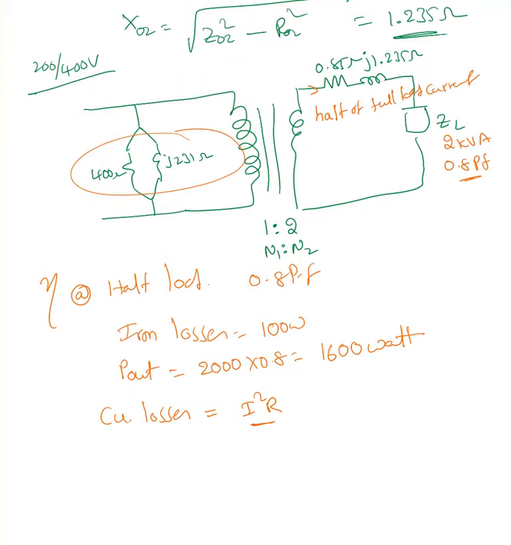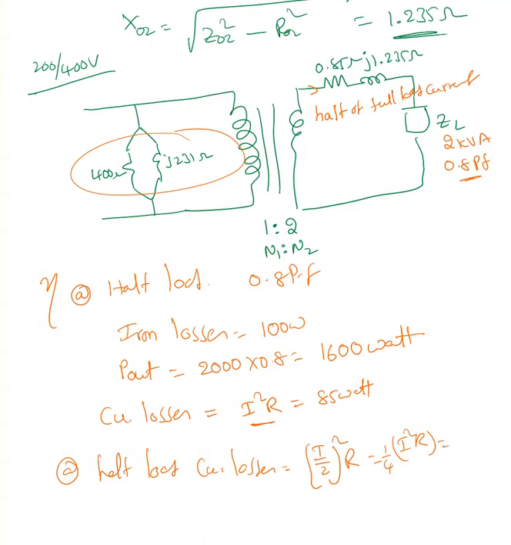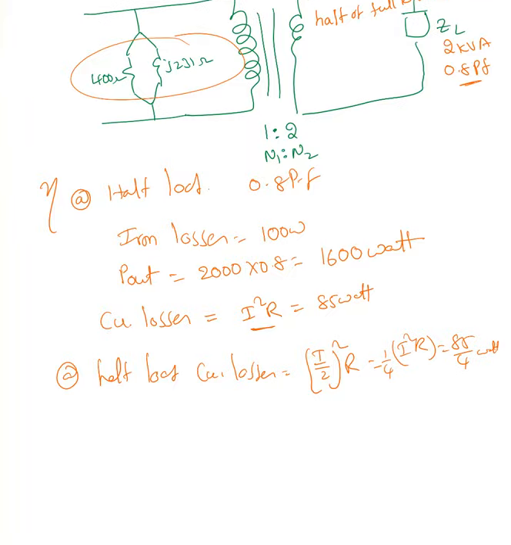So the full load I squared times R equals 85 watt. At half load, copper losses are (I by 2) whole squared times R, which is 1 by 4 I squared times R, which is 85 by 4 watt. Those are the copper losses, which is 21.25 watt.